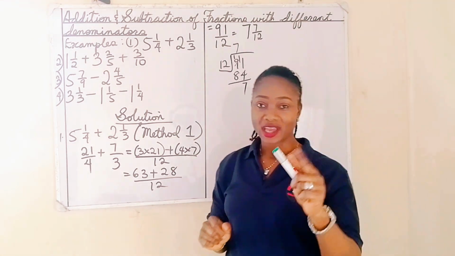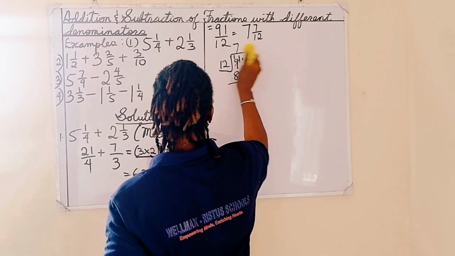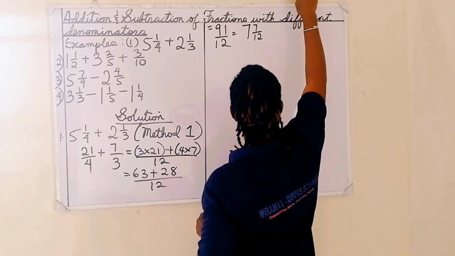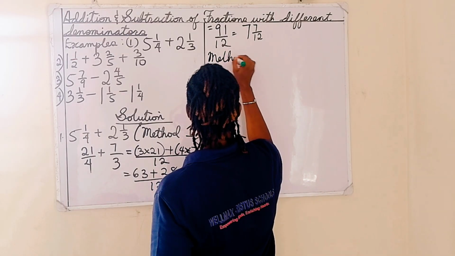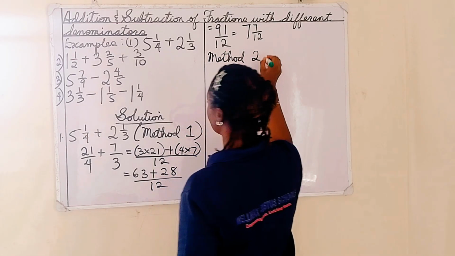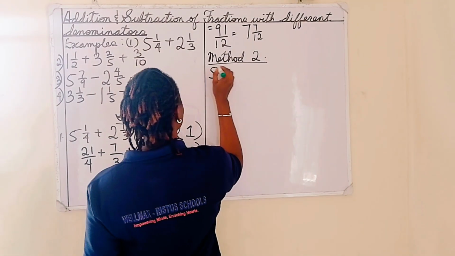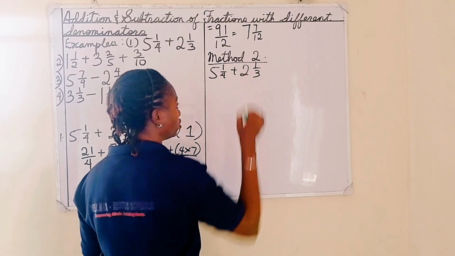Now, let's check out the second method. Method 2. 5 wholes 1/4 plus 2 wholes 1/3.